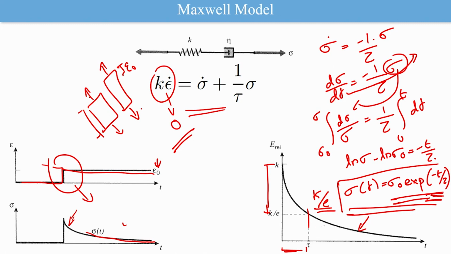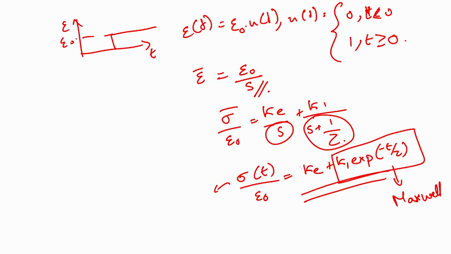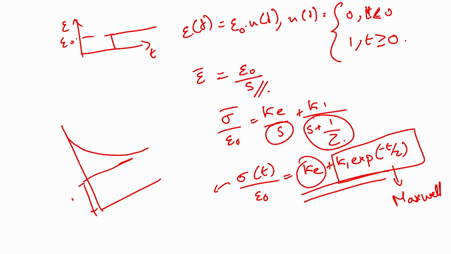It is the same plot, but with an offset of Ke. This is how the standard Maxwell model changes from the previous Maxwell model that we have discussed.